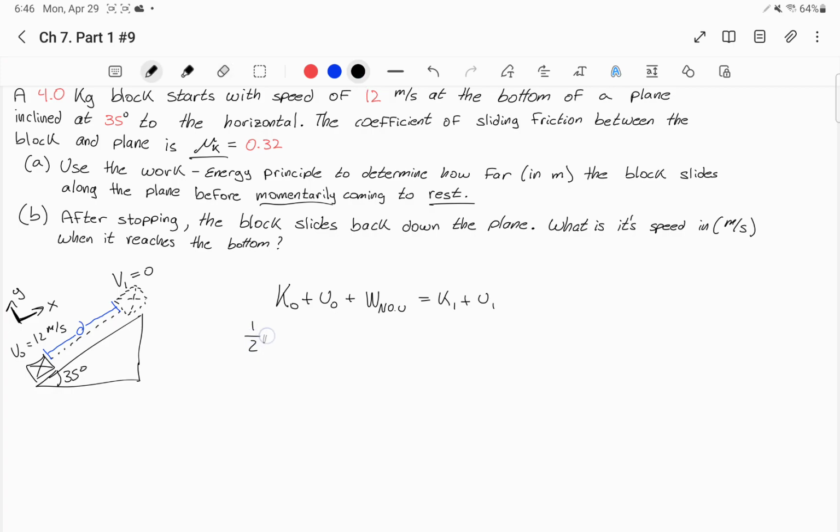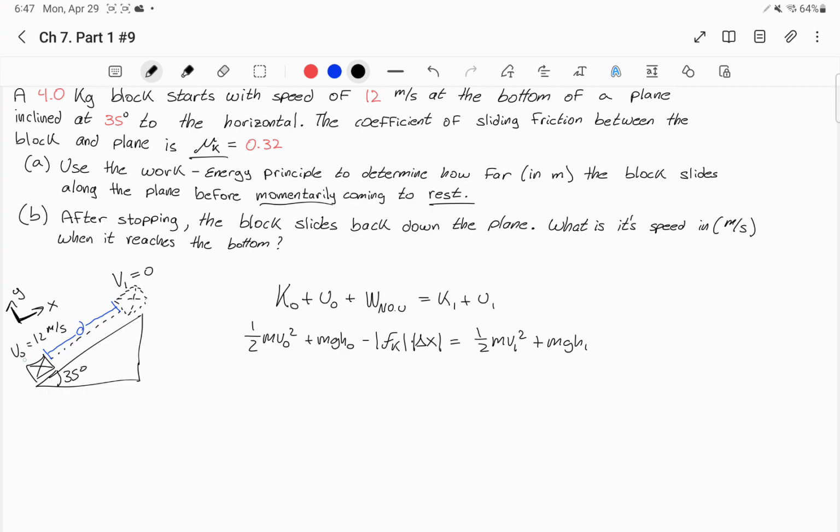So we're going to have 1/2 m v sub 0 squared plus m g h sub 0, and we can rewrite W non-conservative as minus the force of friction times its displacement, which is equal to 1/2 m v sub 1 squared plus m g h sub 1.